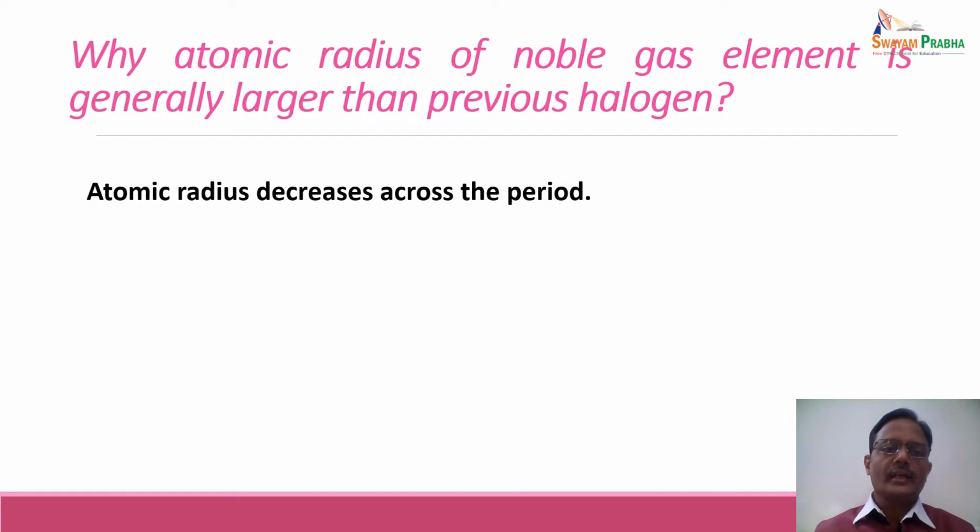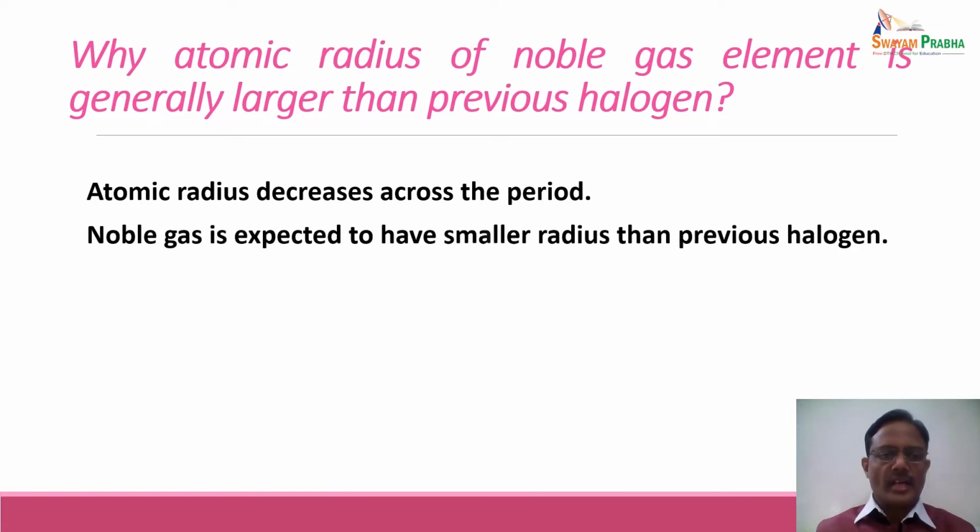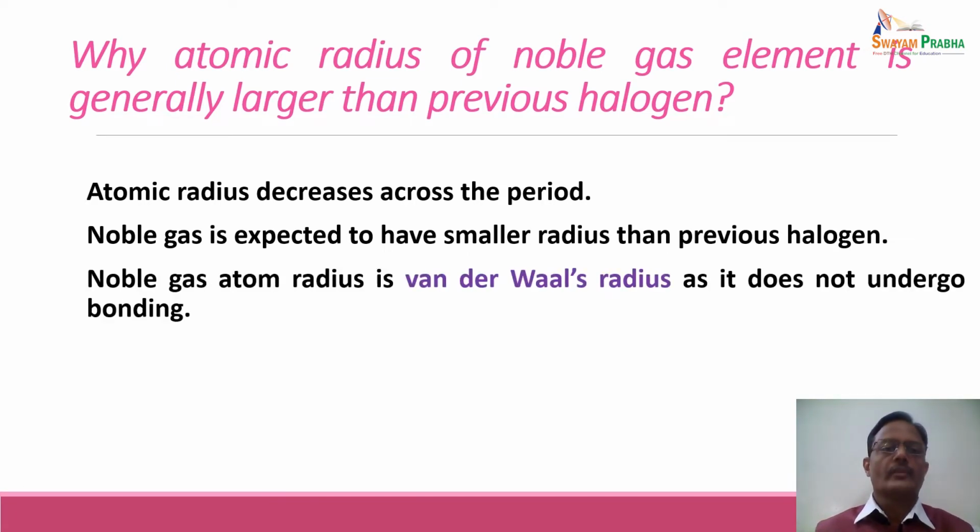As we know, the atomic radius goes on decreasing across the period, so it is expected that a noble gas atom should have a smaller atomic radius as compared to the previous halogen atom. Quite obviously, since the atomic radius decreases from left to right, and halogens are on the left-hand side while noble gas elements are on the right-hand side.